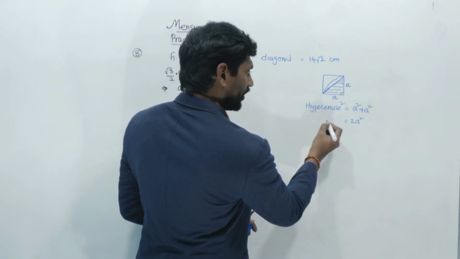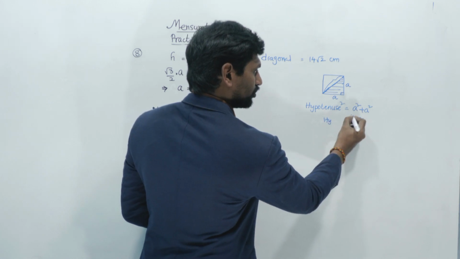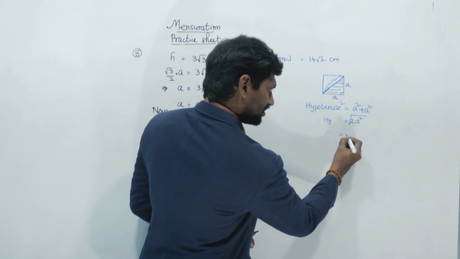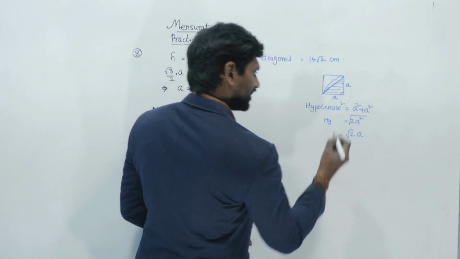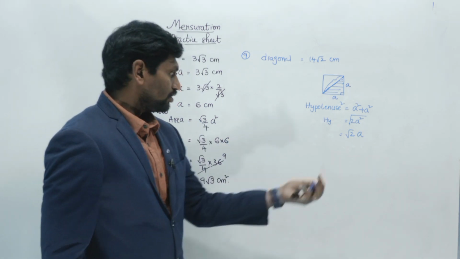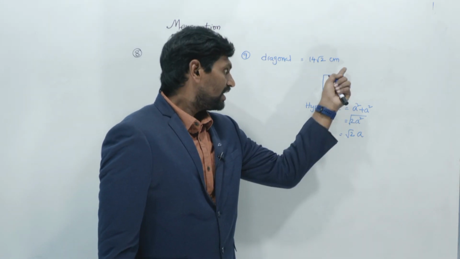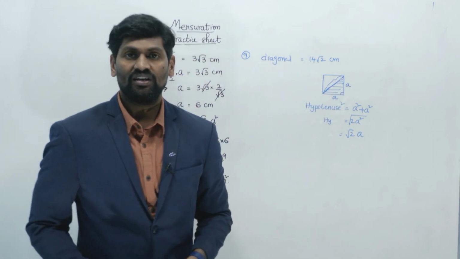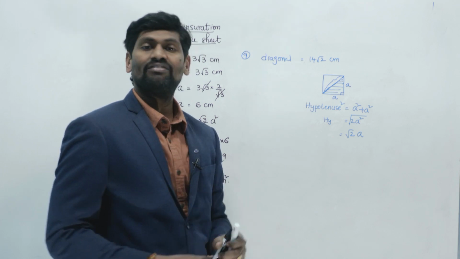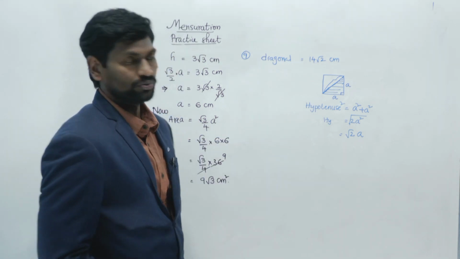So hypotenuse square is 2A square, hypotenuse is equal to root over 2A square. When you simplify this, root 2 into A. This hypotenuse will be the diagonal of the square. And the diagonal value we know is 14 root 2.